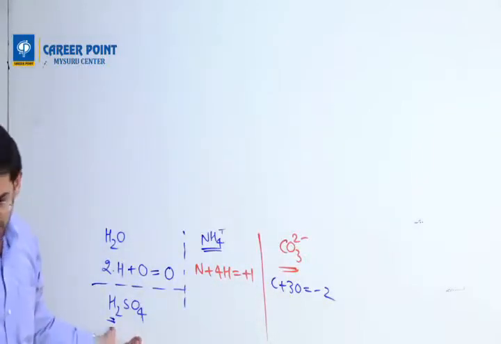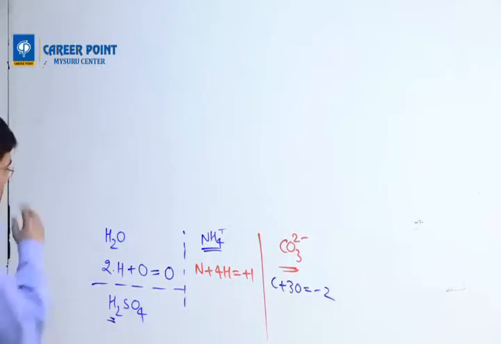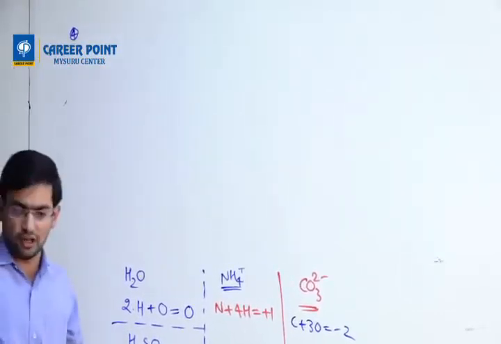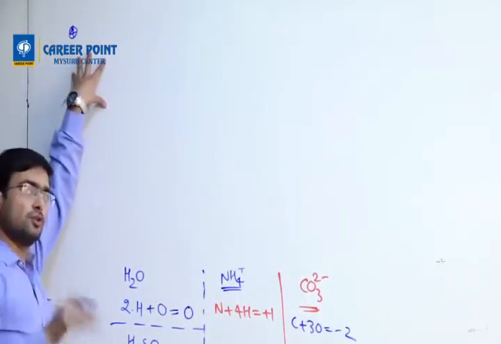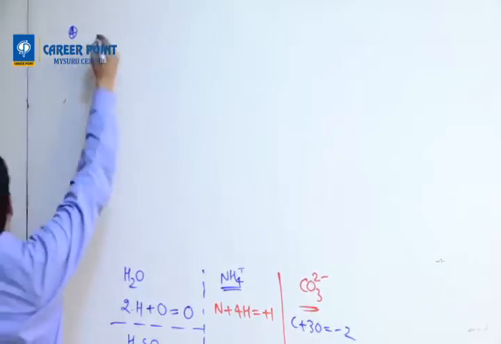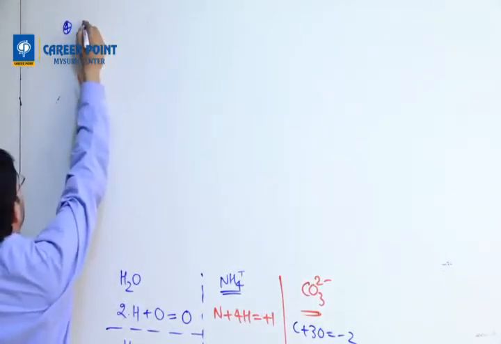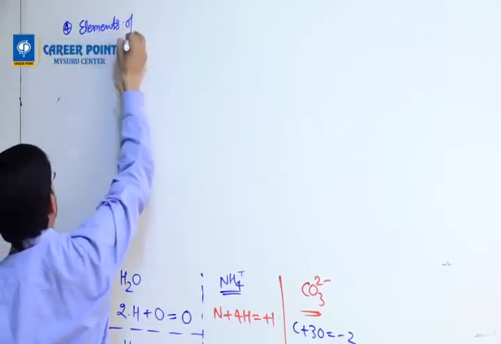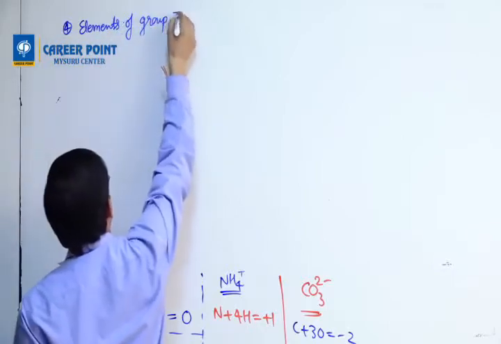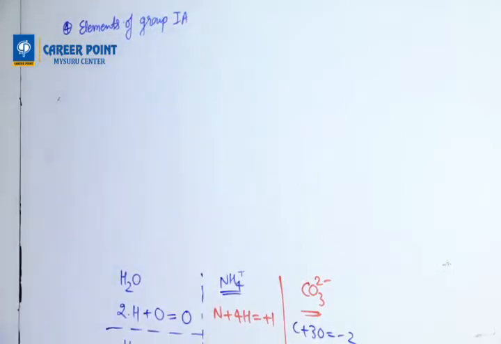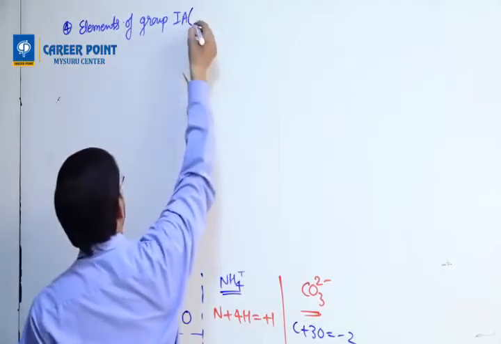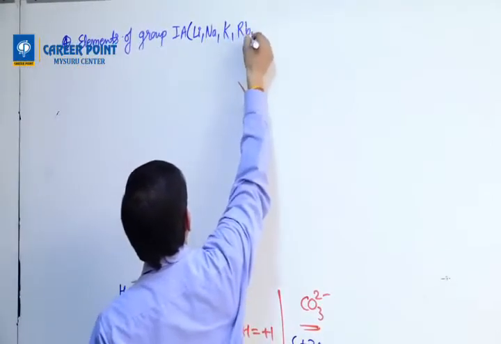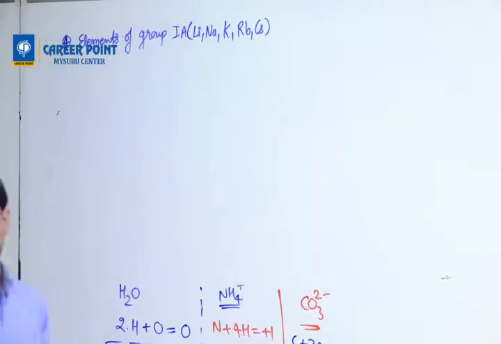Can I leave this now with you? Yes, okay, we'll start. Now this is the third rule, right? Now the fourth rule. After we finish all this, there are predefined values. The first value is this. Elements of group first A: lithium, sodium, potassium, rubidium and cesium.